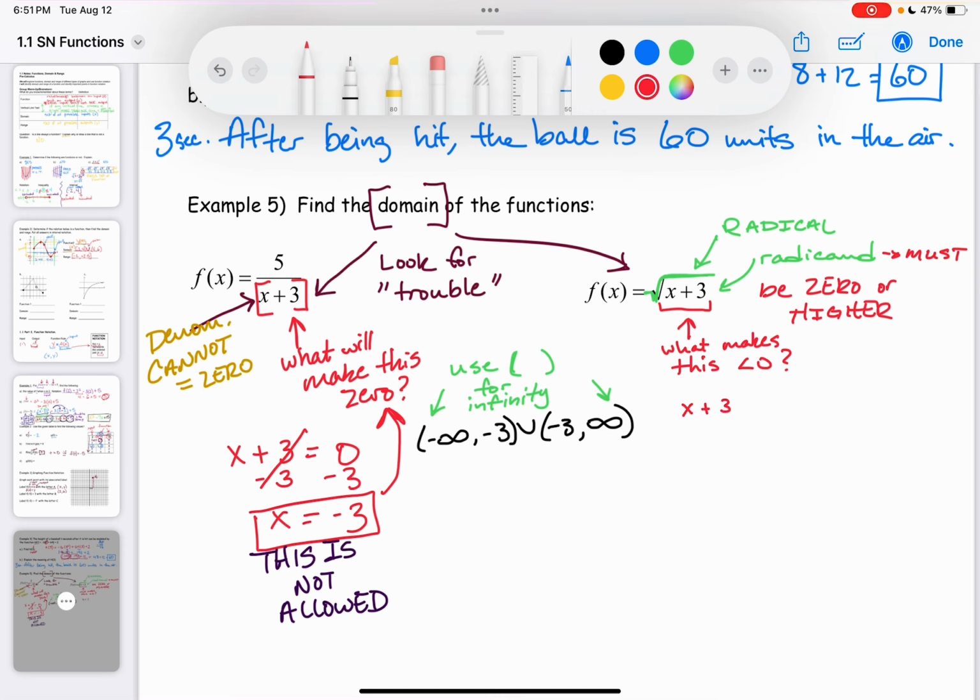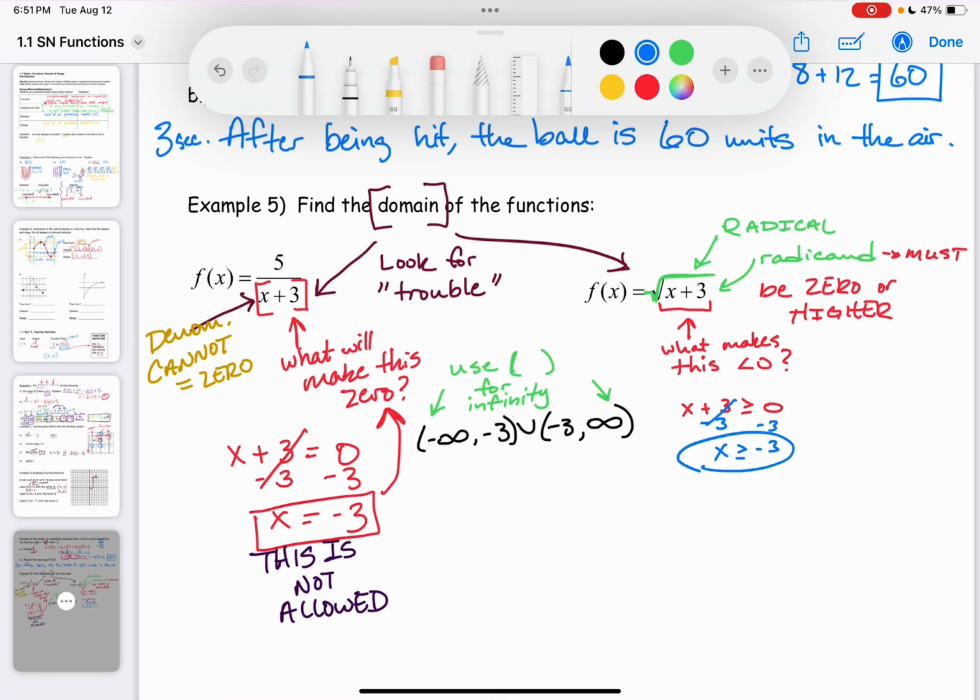You can say, I have to keep it greater than or equal to 0. It can't be below 0. And then when you solve this, you would just move this guy over. And so you'd say, okay, x has to be greater than or equal to negative 3.